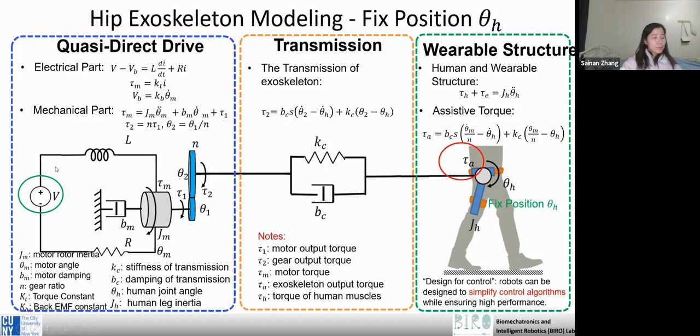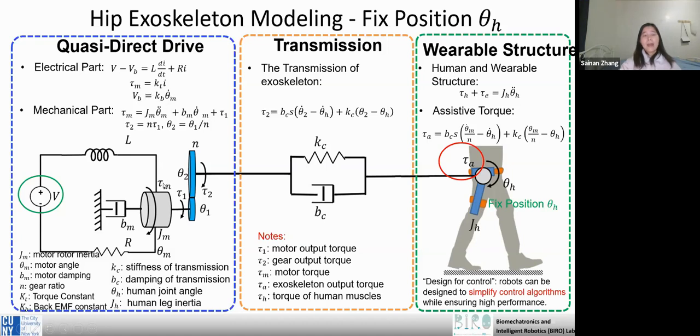From the electronic part, we will have V equal to the L's voltage, plus the motor back EMF's voltage, plus the R's voltage. So V minus VB equals L times the time derivative of i plus Ri, and VB equals KB times the time derivative of theta.